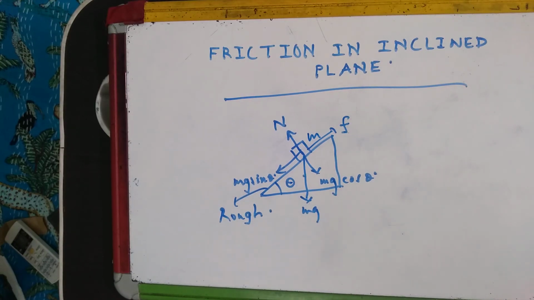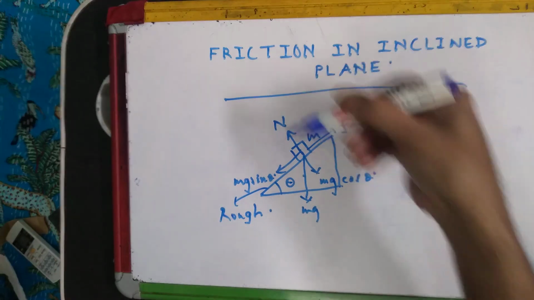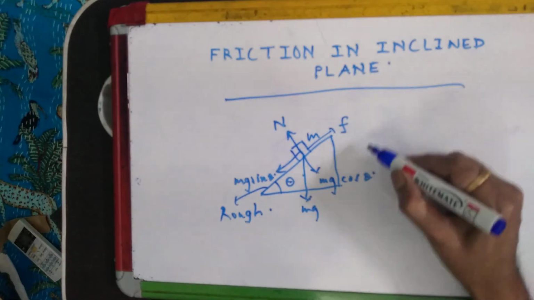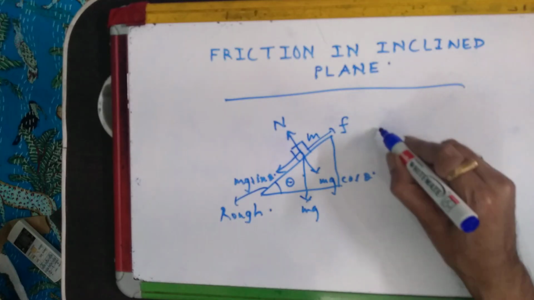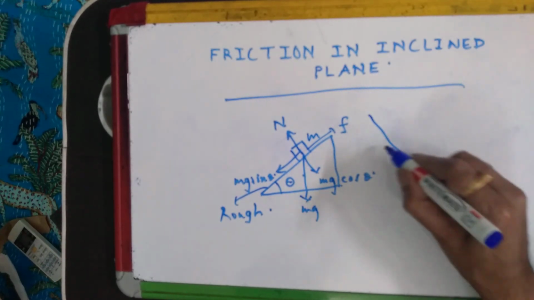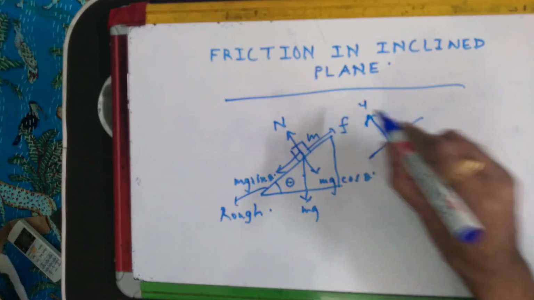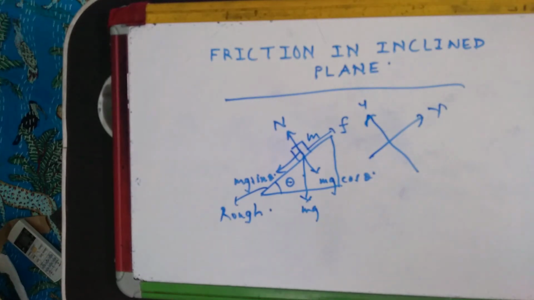And the normal force here, as opposed to a body kept on a smooth horizontal surface, would not be mg; it would be equal to mg cos theta, the normal reaction force. That is because you expect the body not to move up and down. In an inclined plane you take this as the y-axis and this as the x-axis.